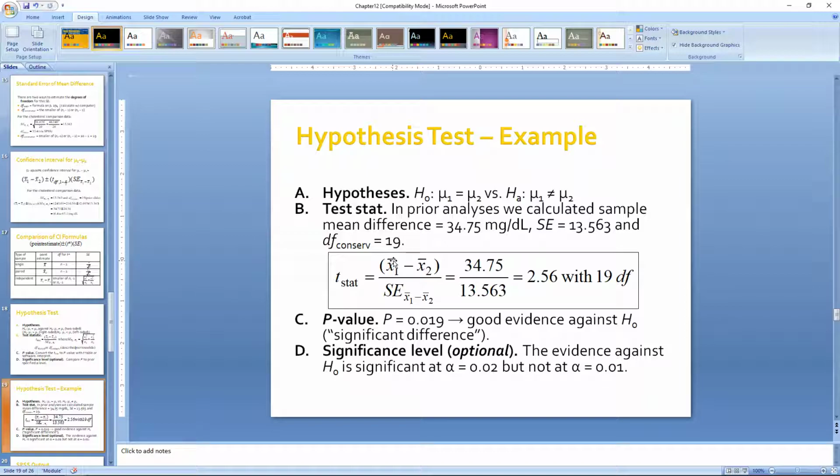So when we plug all this in to get our t-stat, you get 34.75 divided by 13.563 equals 2.56 with degrees of freedom 19.